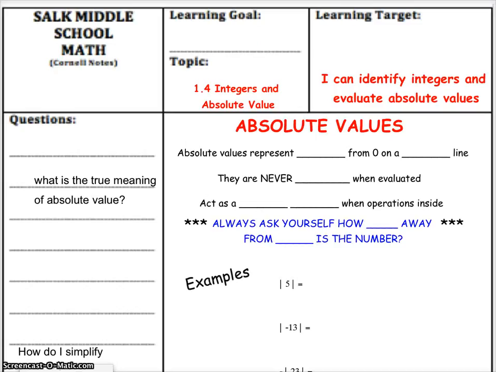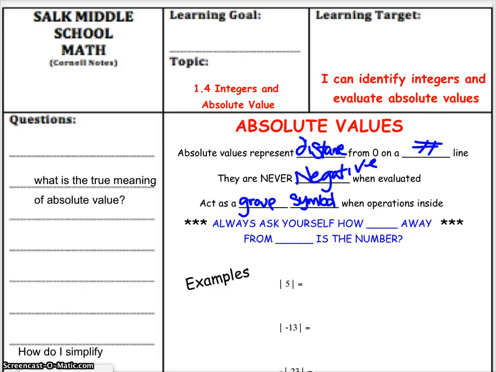Now let's get to the good stuff. Absolute value. Remember that absolute value represents distance from 0 on a number line. They will never be negative, and they act as a grouping symbol when there's operation inside. I know I'm moving fast, I'm going to pause in a second.